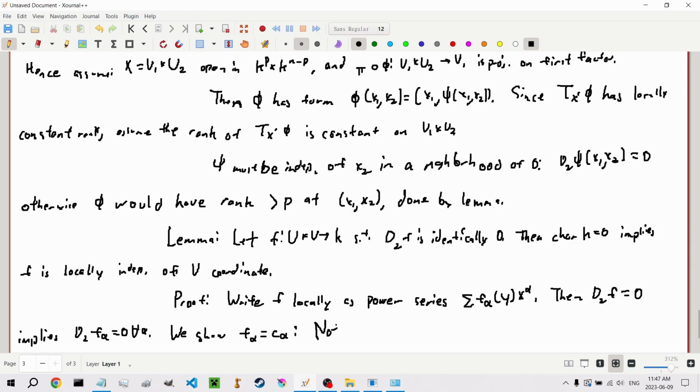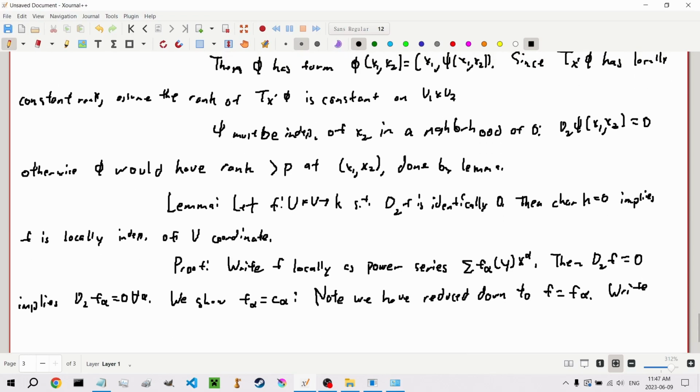First off, note we have reduced our lemma down to f being one of our f alphas. So we can write f as the sum of b sub beta times y to the beta.